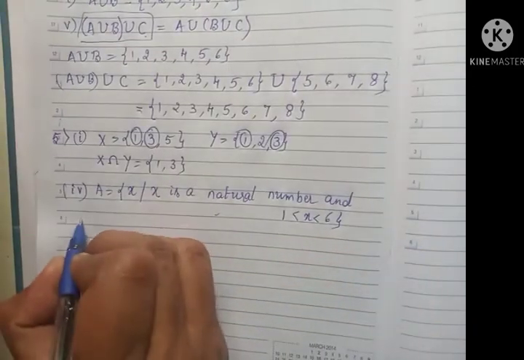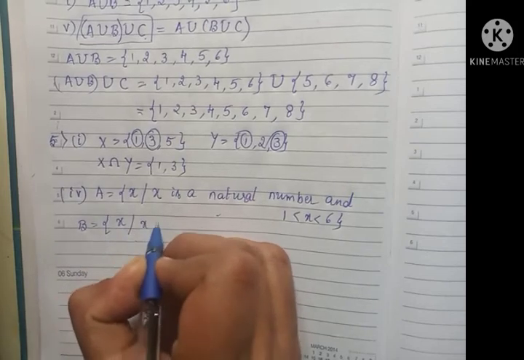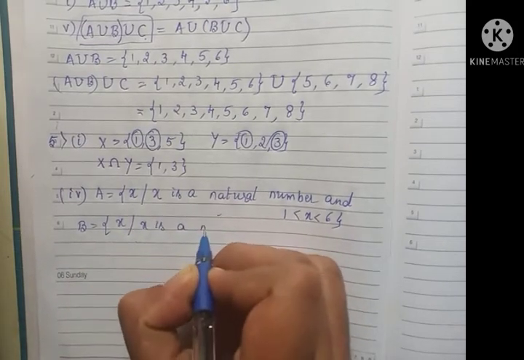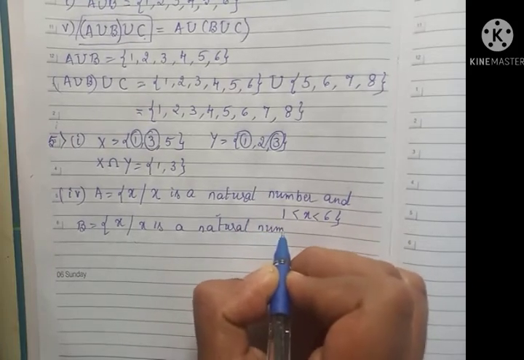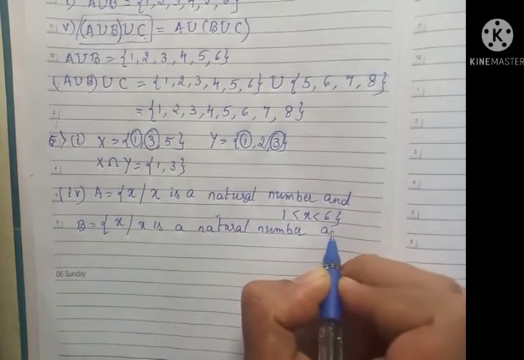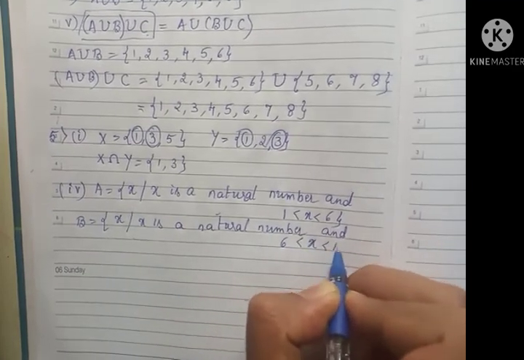And B is a set, set of all X such that X is a natural number, and one more condition is given as X is in between 6 and 10.